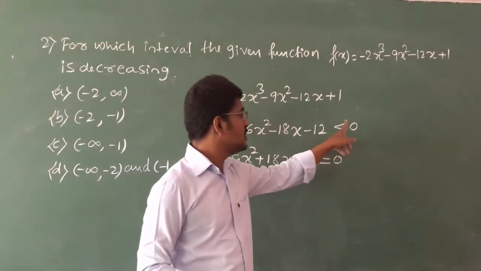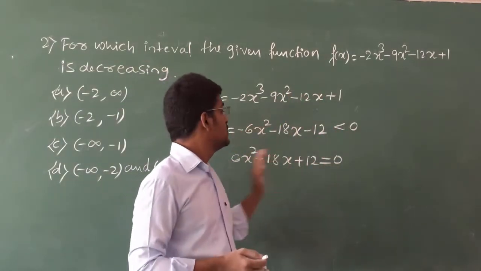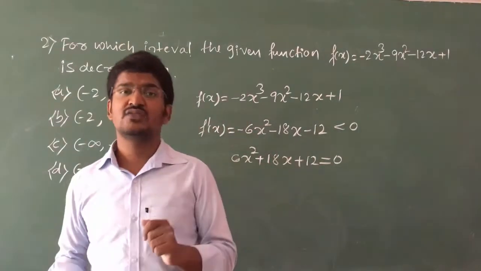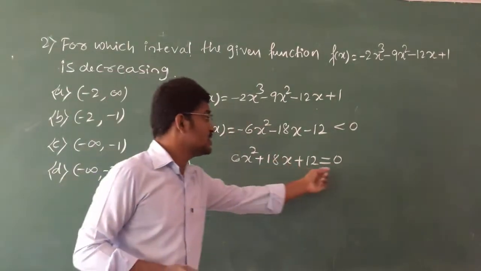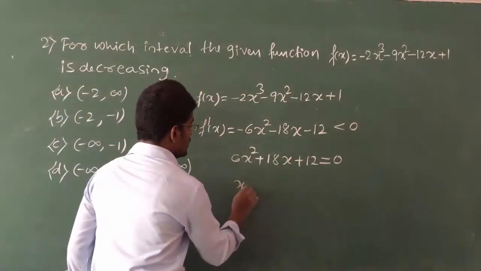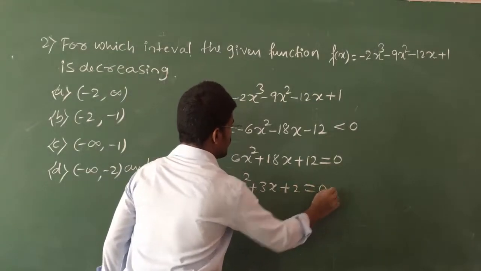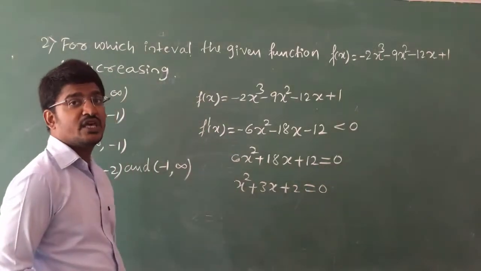The negative sign will invert it to greater than, so I am not going to discuss all that; just directly I will find the intervals by taking it equal to 0. Take 6 as common. x square plus 3x plus 2 equal to 0. This will be the algebraic equation.